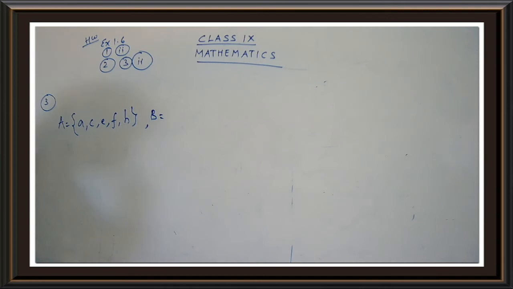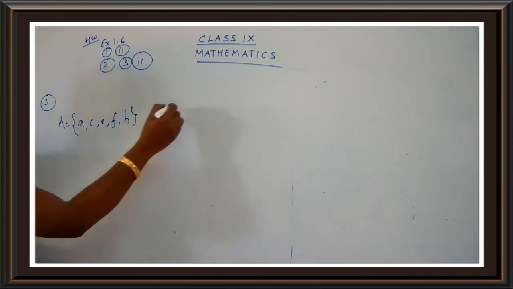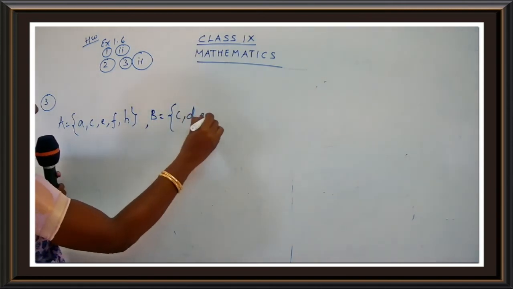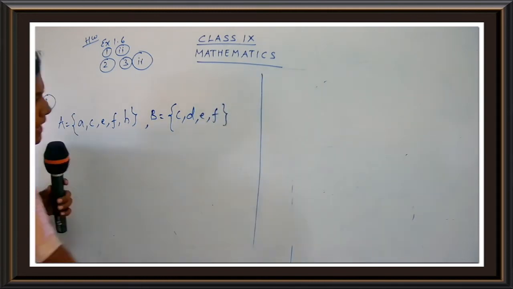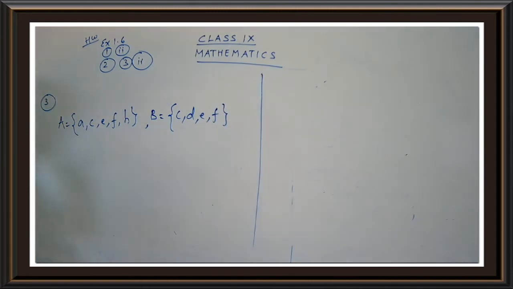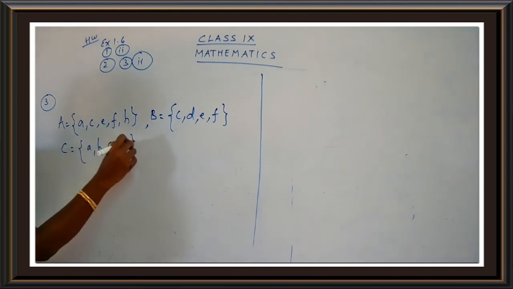B is equal to C, D, E, F. And one more thing. C is equal to A, B, C, F.